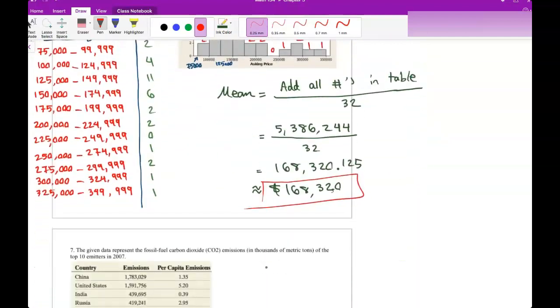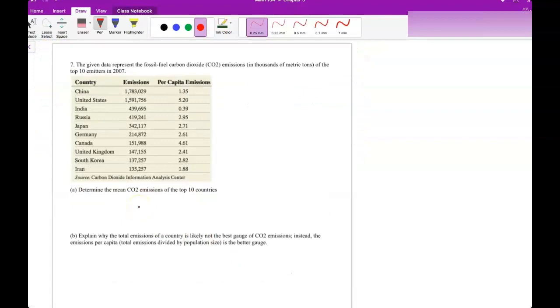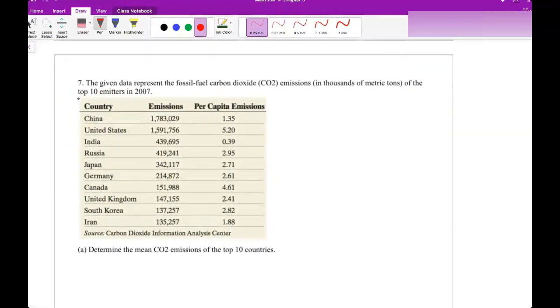Okay, we finished this one. Next page, example number 7.